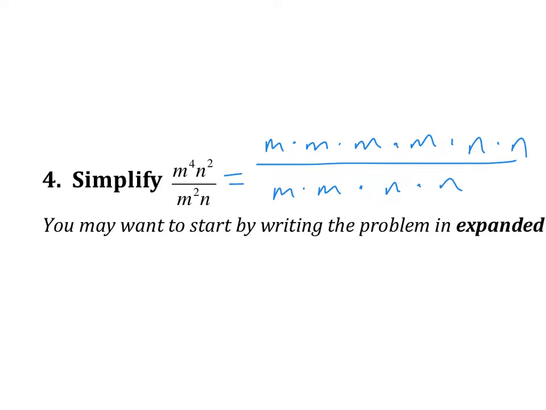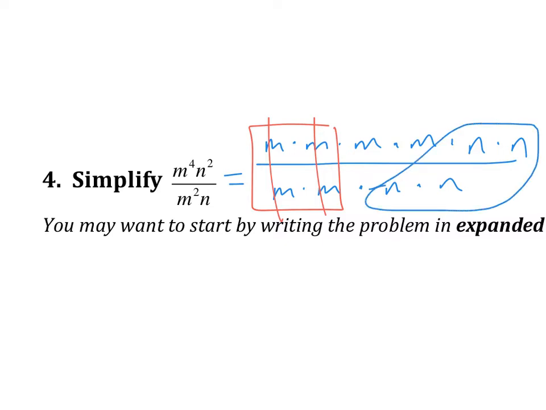All right, well, I've got some m's here that are going to cancel out, and then I have some n's here that are going to cancel out. So all I'm left with here is just 2 m's up top. So my answer to this is just going to be m squared. M times m is m squared.